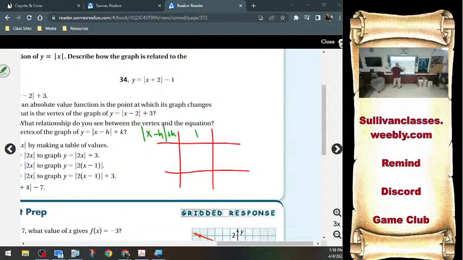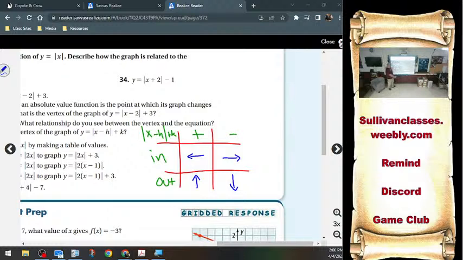If something is positive or negative, inside or outside that absolute value grouping, if it's inside, it's backwards land. Plus means left, minus means right. If it's outside the grouping, plus means up, minus means down. And that's it. You could condense nearly the entire lesson to that.